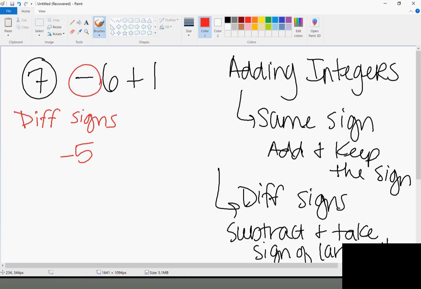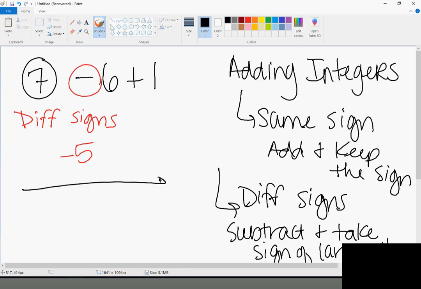And it may help you to take the sign first and then subtract. So again, negative, positive. So we have different signs. Go ahead and grab the sign of the larger number, which would be that 6. So we're going to grab that negative and then just subtract 6 and 1.